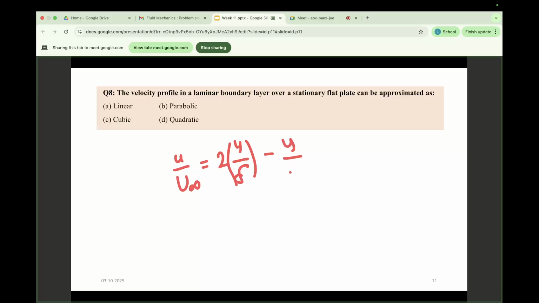minus y by delta whole square. This is y by delta whole square. So basically, as it is talking about this laminar boundary layer, initially the velocity near the wall is zero, and it will move to u infinity at a certain level.